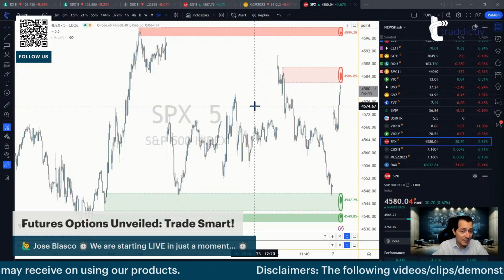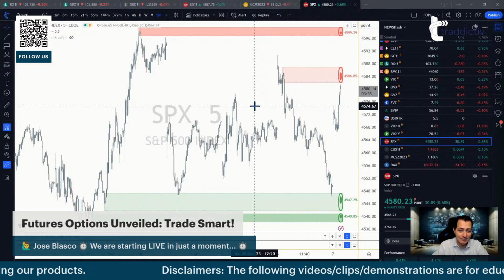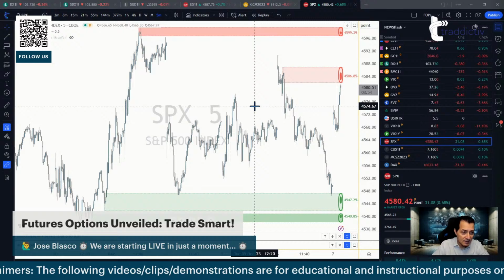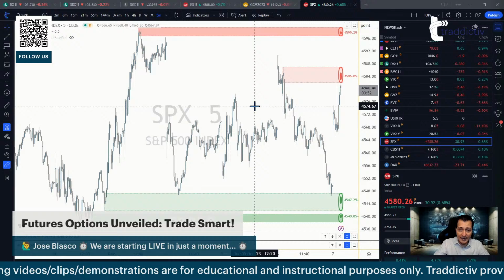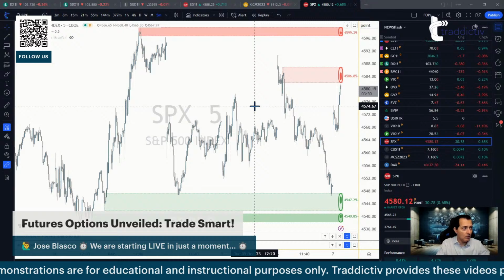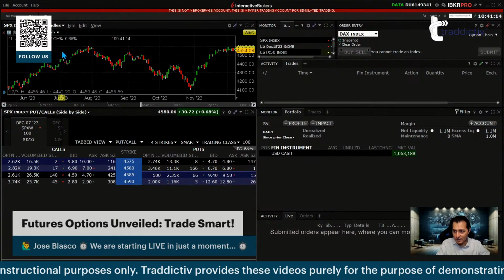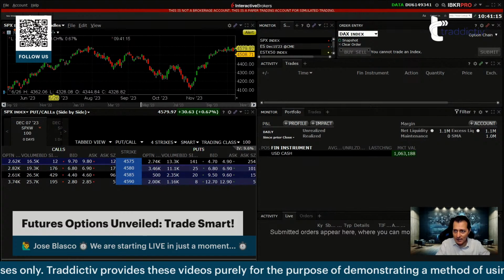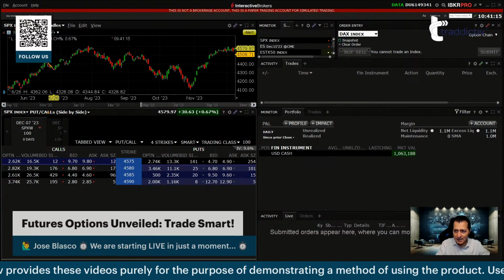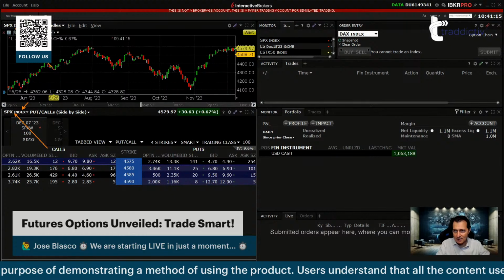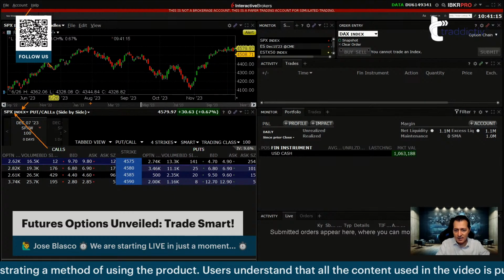The one that is very clear, definitely not confusing, is when you trade options on indices. For example, options on the S&P index, also known as SPX options. Do I have SPX? Yes. So I have loaded here on my TWS platform SPX options. Notice the word index. So these are options on the index.